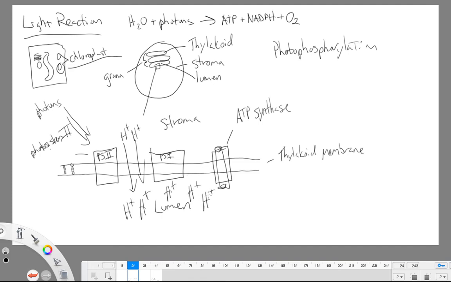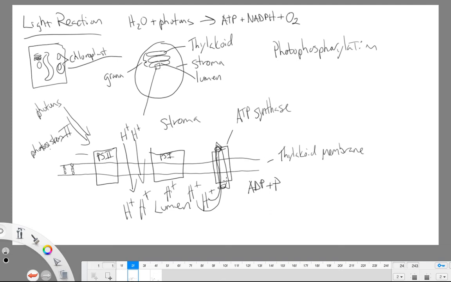Well, they're able to do that through this ATP synthase molecule. But as they make their way through this ATP synthase, there is like a cylinder within here, and it turns that cylinder. And as it turns that cylinder, it pushes together an ADP molecule and an extra phosphate.